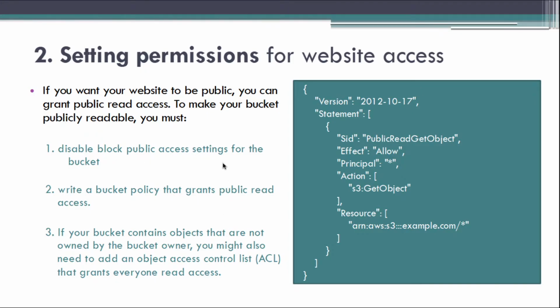These are steps if you want your website to be publicly available, then these are steps to make it publicly accessible. So first you need to disable your block public access.